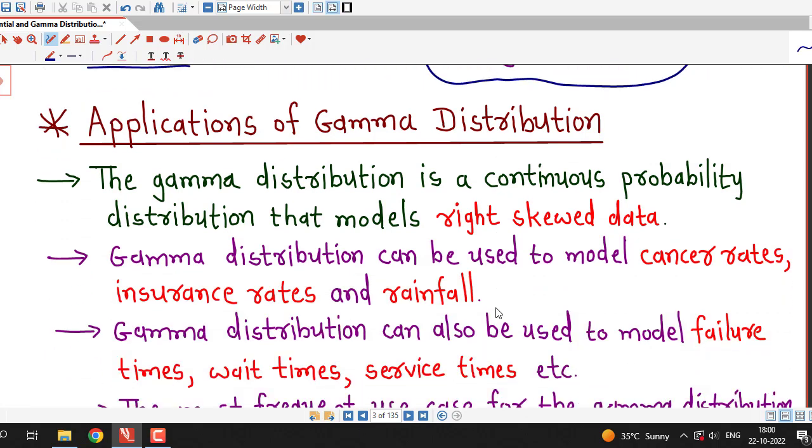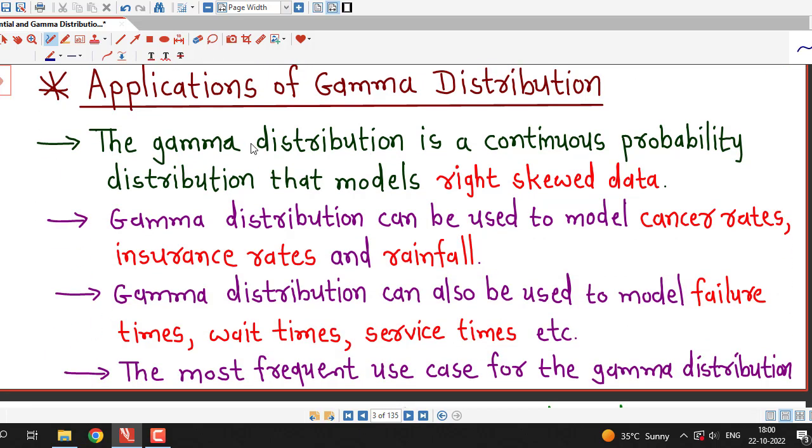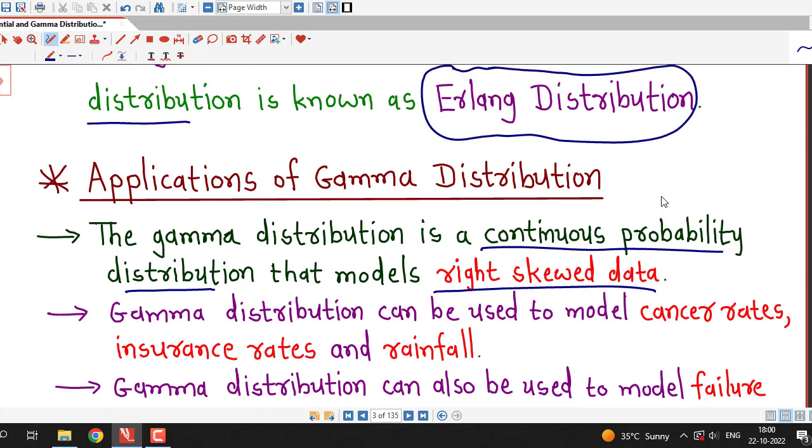And these are some situations or applications of gamma distribution. Gamma distribution is a continuous probability distribution that models right skewed data. There are some data which are not symmetrical or do not have the normal curve shape. Their probability density curve is different from the bell shaped curve, so we cannot apply normal distribution.